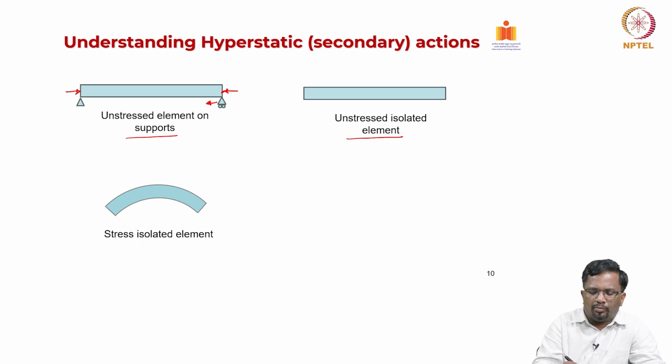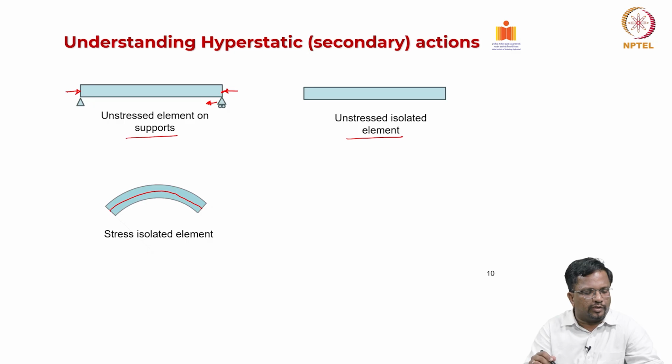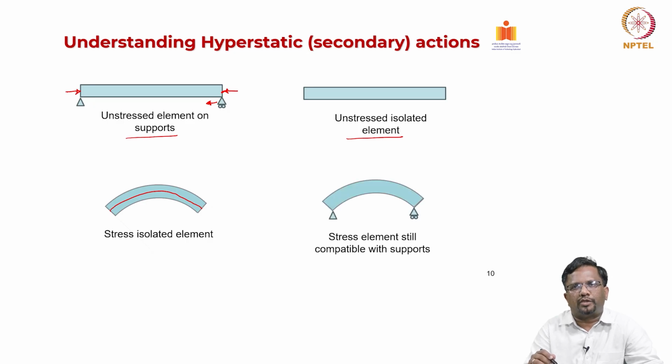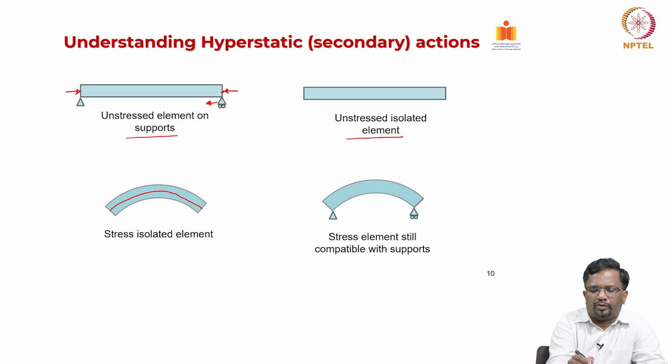The member can undergo deflection like this while you apply the pre-stress, right. The stressed elements will actually be compatible, right. Typically, when we apply constant eccentricity, you will get this bending effect, right.